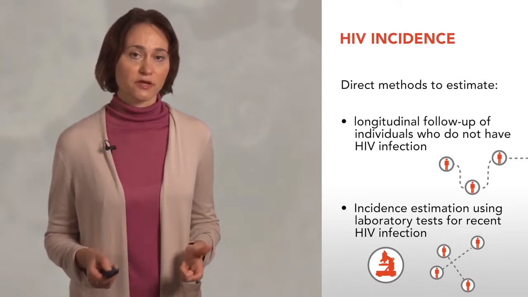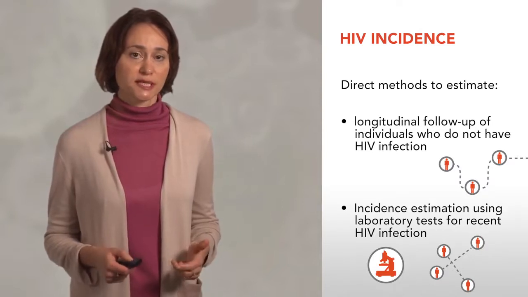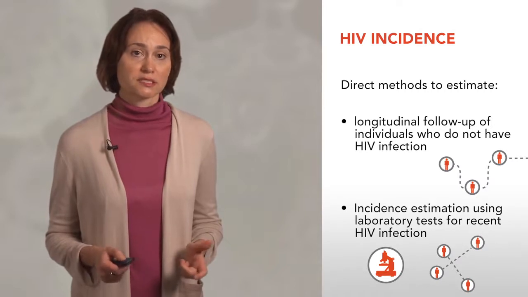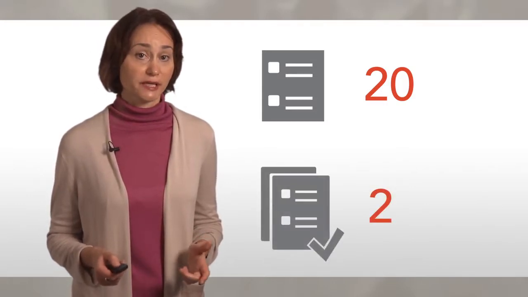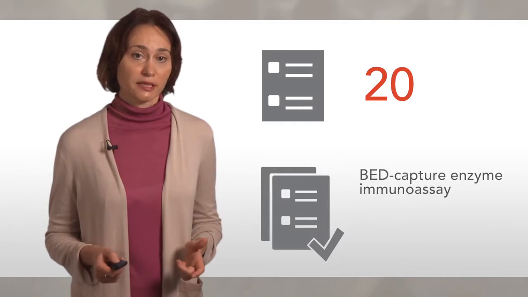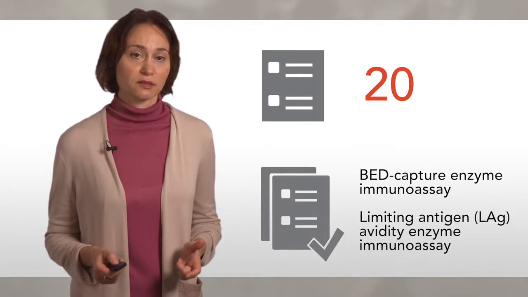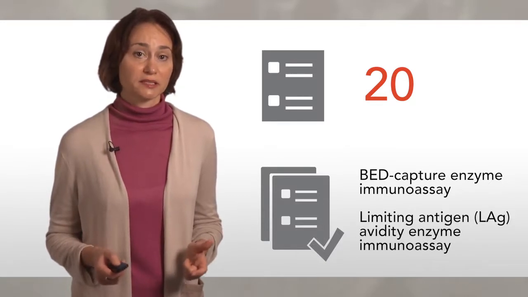However, biases can arise due to the potential for long-standing infections to be misclassified as recent, the so-called false recent rate. Another challenge to using this approach lies in the validity of currently available assays. Although about 20 different assays have been developed so far, only 2 have been commercially available: the BED capture enzyme immunoassay, and the limiting antigen LAg avidity enzyme immunoassay.